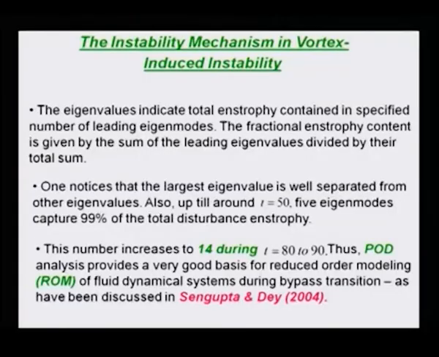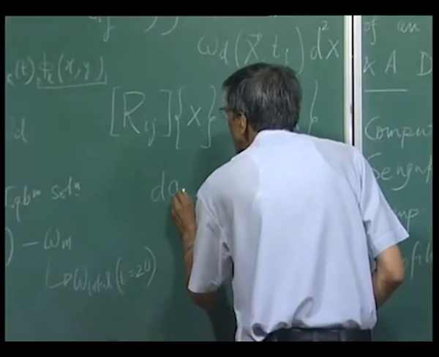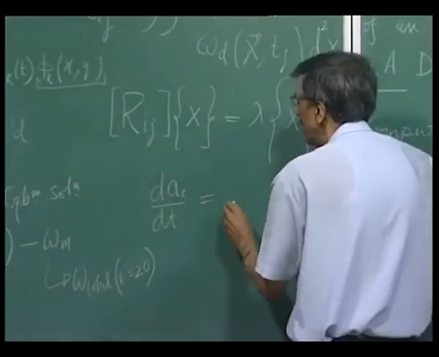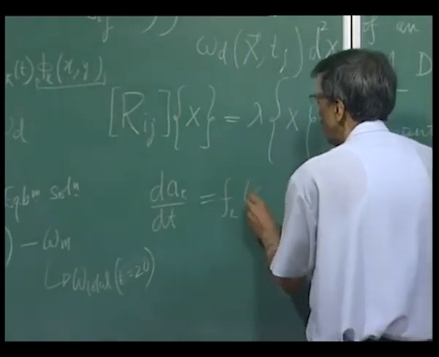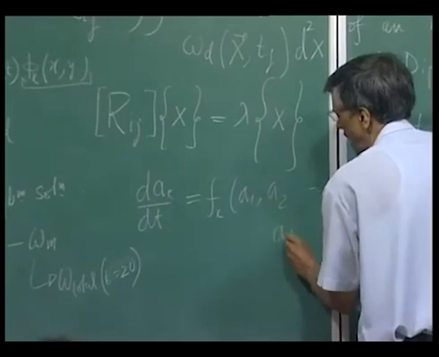However, originally Kosambi, Lumley and others were thinking of basically getting some dynamical system description of these modes, and this could be some function of all A1, A2 up to say An.